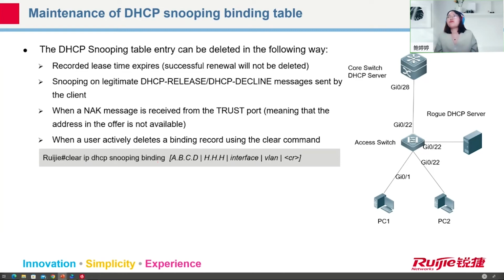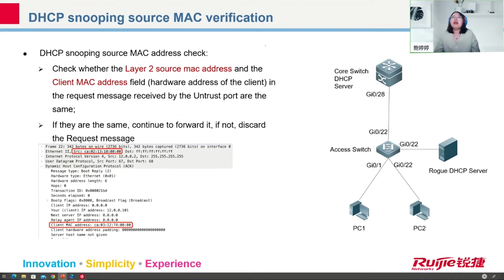So this is the main function of DHCP snooping. And when I forward the traffic, I also will consider whether this message should be forwarded out or not. Not only consider the MAC address table, but we also have to consider the snooping binding table. So this is the maintenance.